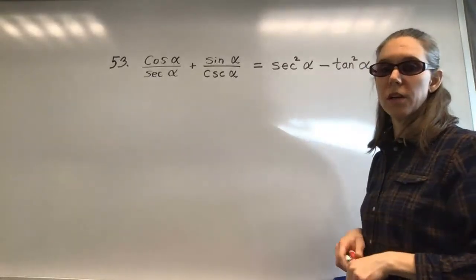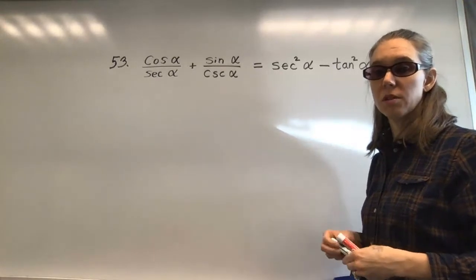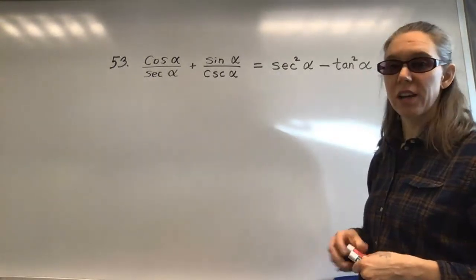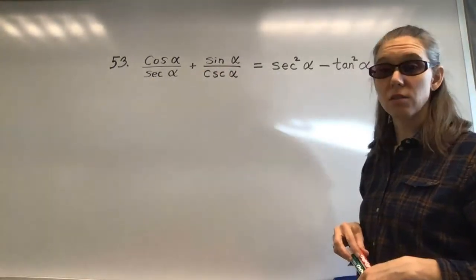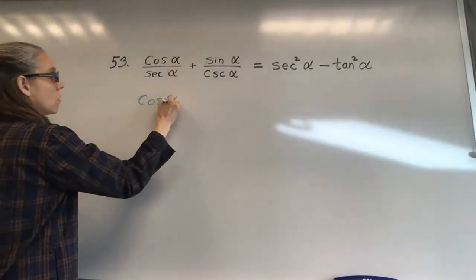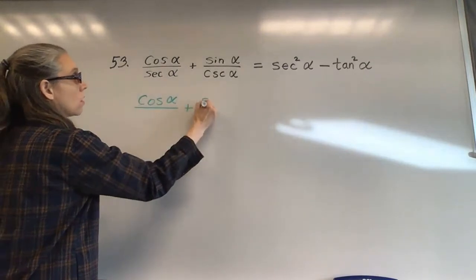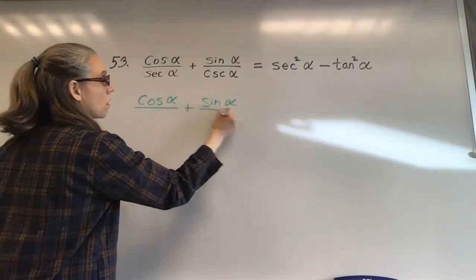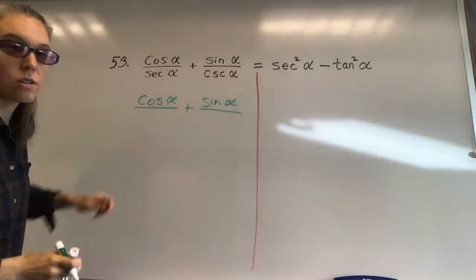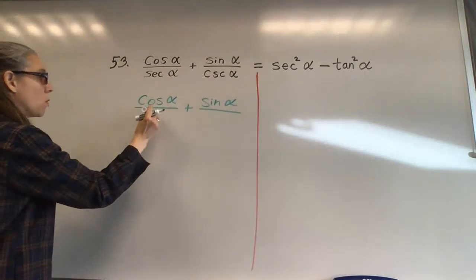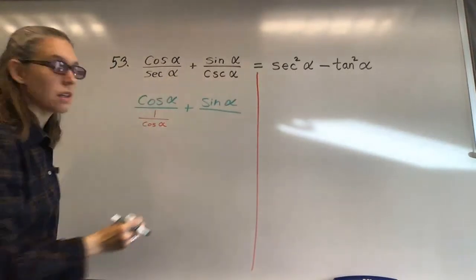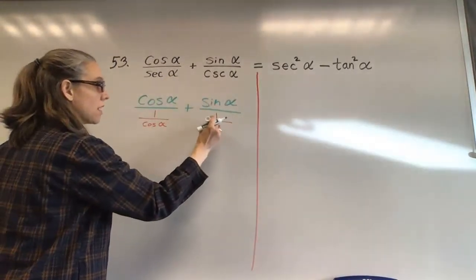Okay, so first of all, we're going to do number 53 from the homework due on October 1st. On the left-hand side, what we want to do is change both of these fractions into complex fractions. So what I want to do is replace secant with 1 over cosine and replace cosecant with 1 over sine.